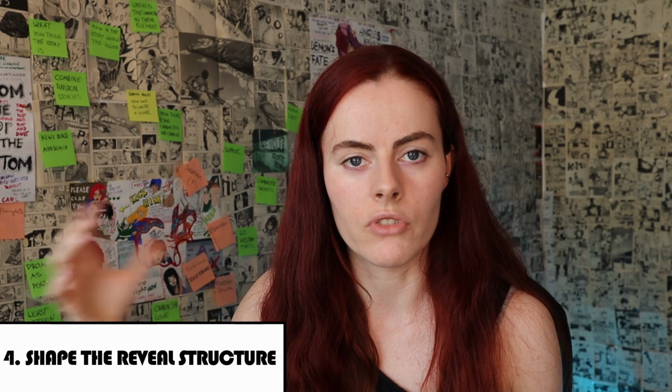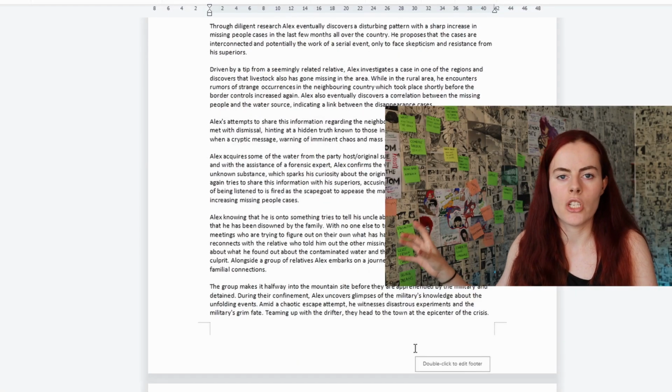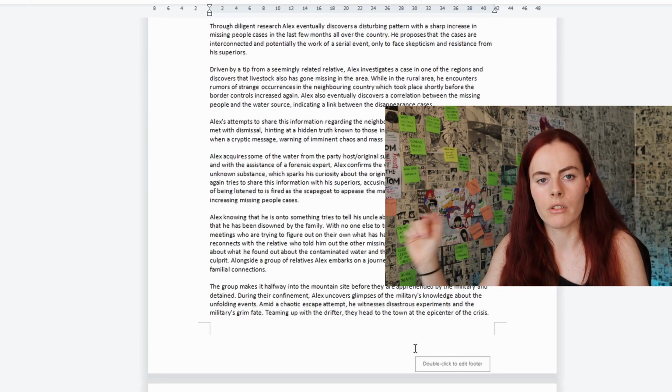shape the overall reveal. What we're trying to do now is to figure out all the reveals, all the different kinds of information, and how to shape it in the most interesting way. So to do this, basically the first thing that I want to do now is to highlight all the information that could be used as some sort of reveal, and then link it to the questions that I can ask, right?